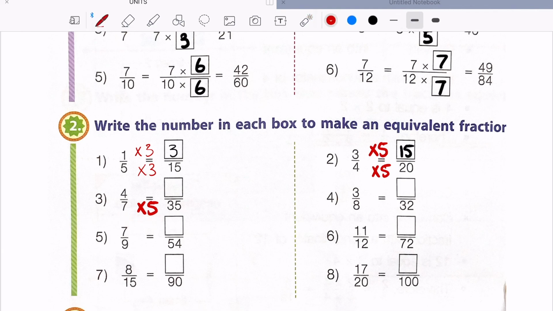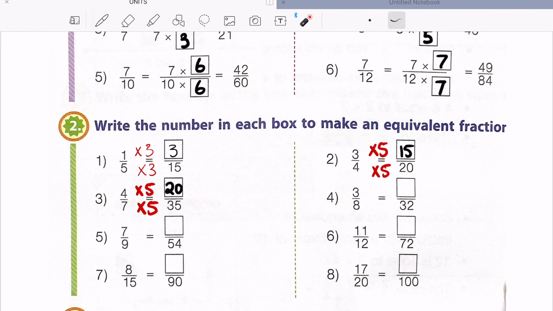So 4 times 5 is equal to 20. So 20 over 35. 4/7 is equal to 20 35ths. They are the same. So let's try number 4.